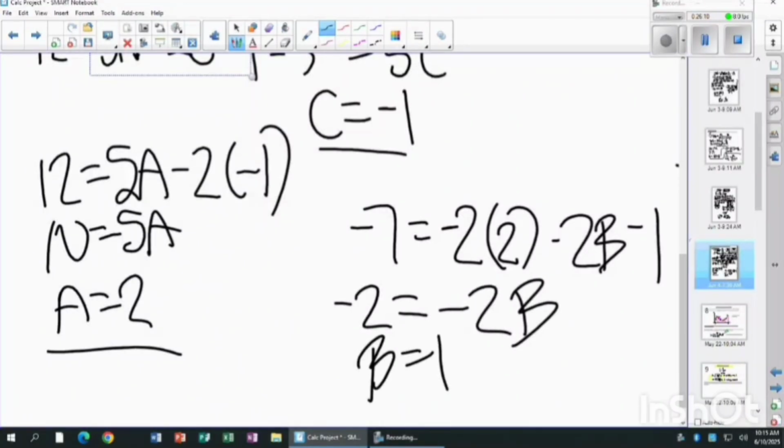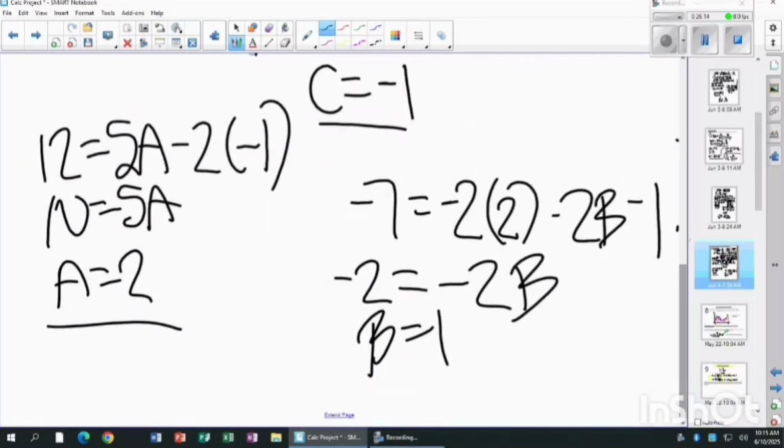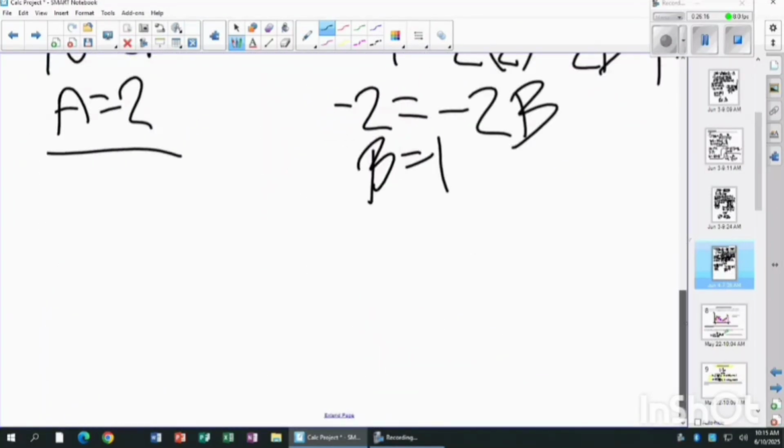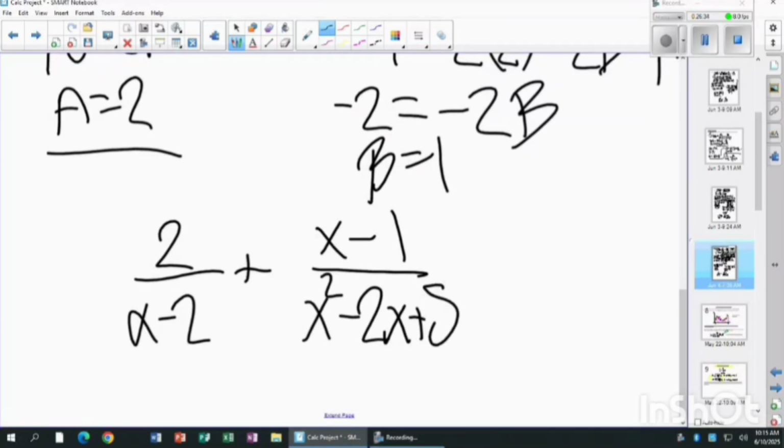B equals 1. So, let's go to the top. After working all that out, you would end up with 2 over x minus 2 plus, remember the b is 1, but you still have the x, so it's x minus 1 over x squared minus 2x plus 5.